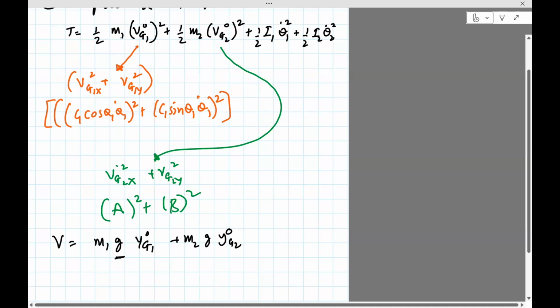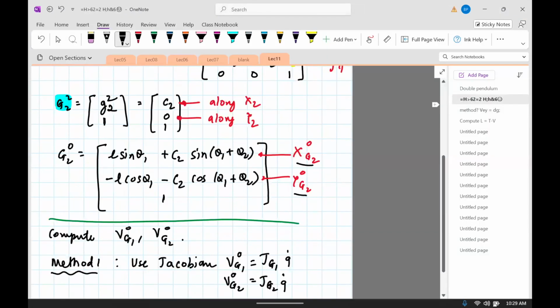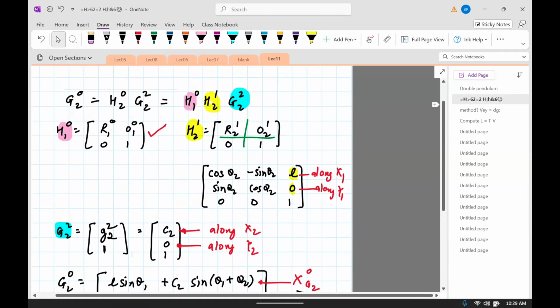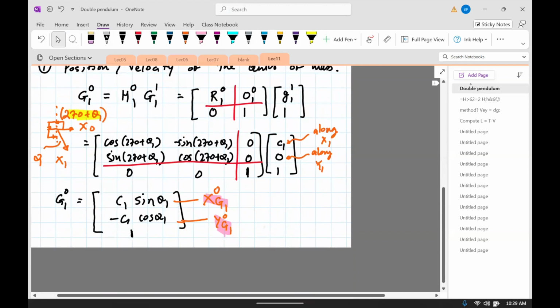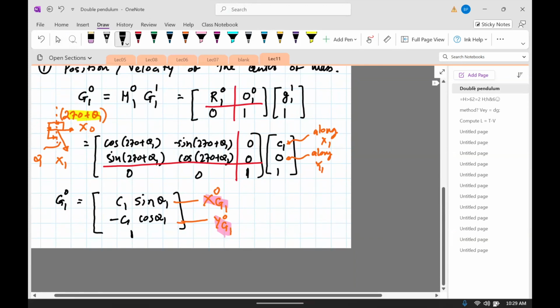What's YG1? Let's write it down. YG1, if you go back to positions, we had positions of G1, which was on the first page. So position of G1 is C1 sine theta 1. Sorry, my bad. That's position in the x direction. We need the position in the y direction.